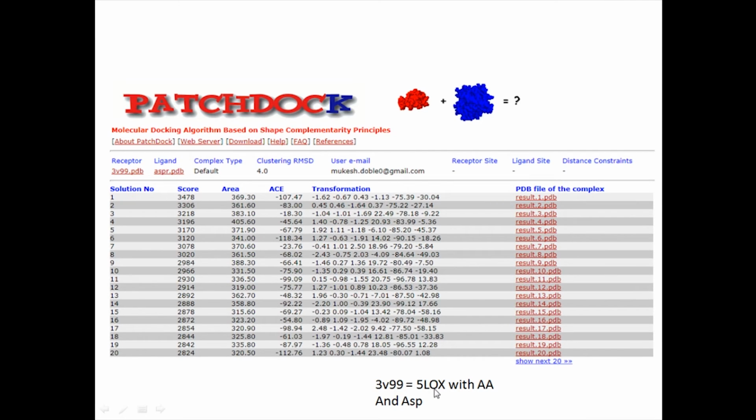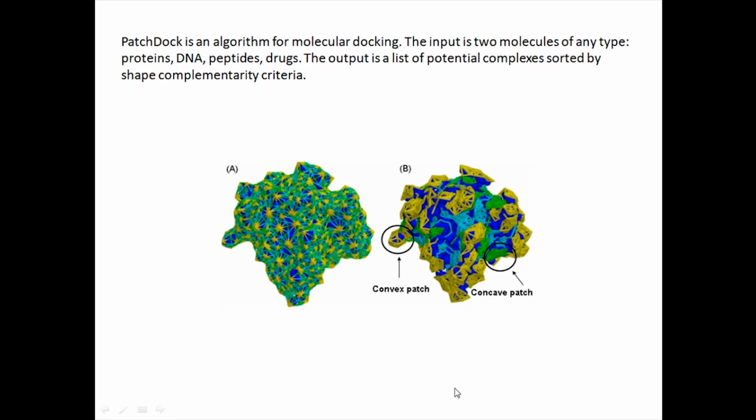So PatchDock, and that sort of comparison of a ligand like aspirin in this particular case with protein 3B99, a 5-lipoxygenase, can be used for molecular docking. It sees whether there is a convex patch, a concave patch, and whether there is a complementing convex and concave patch in the ligand. So we can say possibly they could be interacting at those places. It could be protein-ligand, two proteins, drug, protein, DNA, so many things we can do.